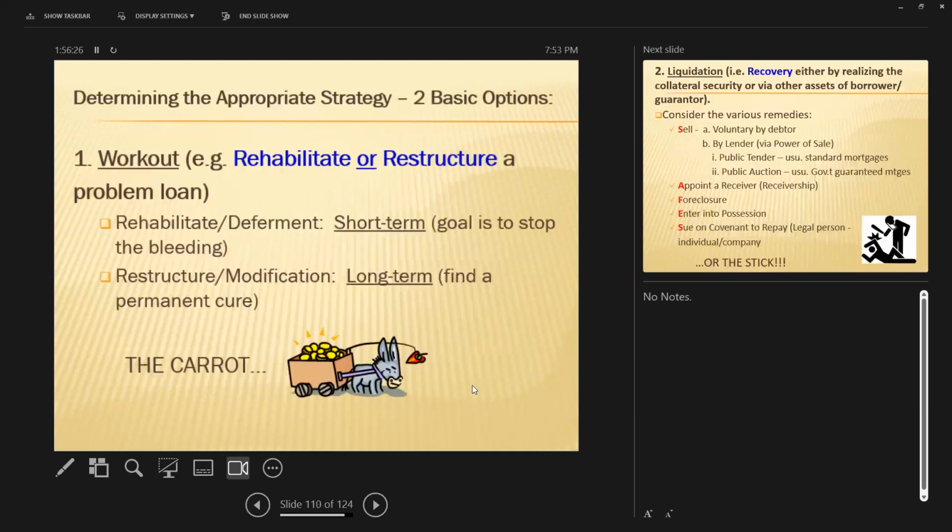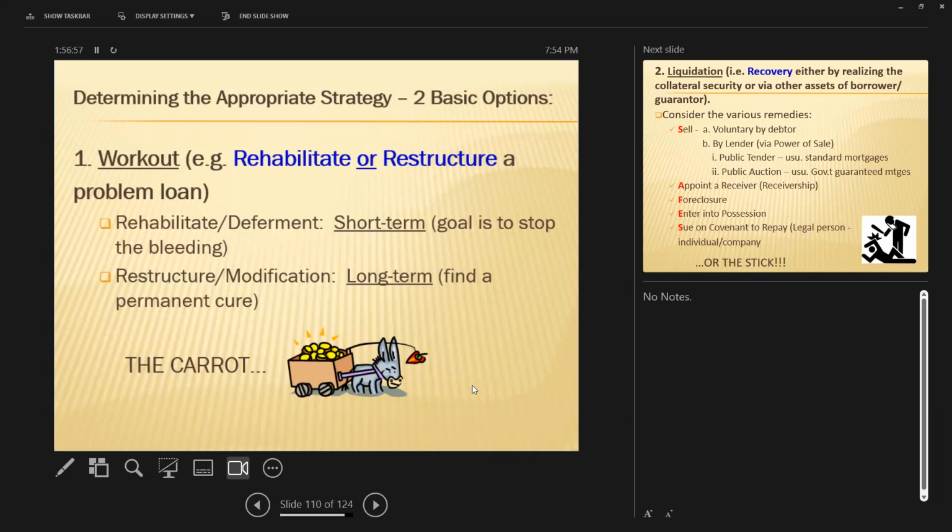You have two basic options in terms of dealing with workout: you either rehabilitate or you restructure a problem loan. Rehabilitate or deferment is short term. The goal is to stop the bleeding. It's like a band-aid. If you restructure or modify the loan, that's long term. You're trying to find a permanent cure.